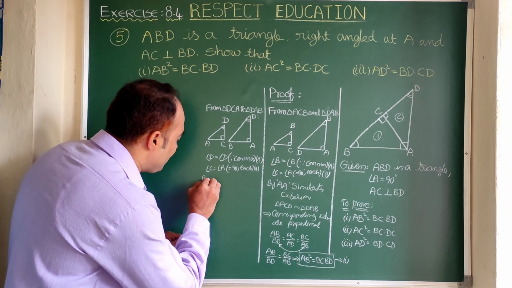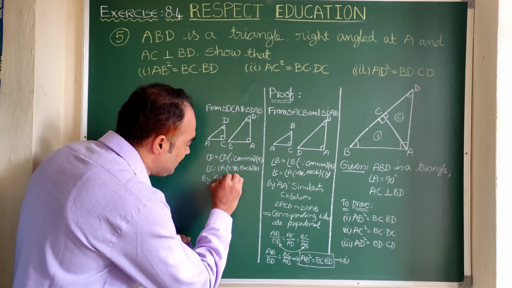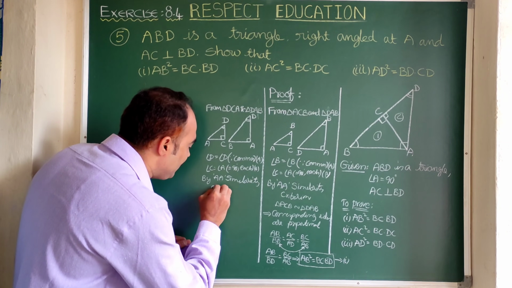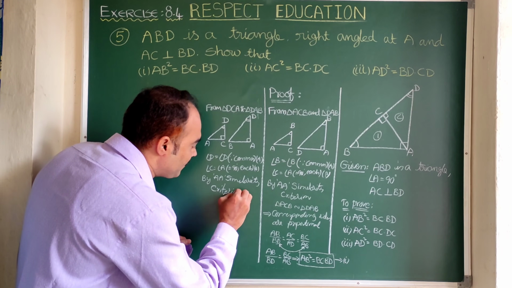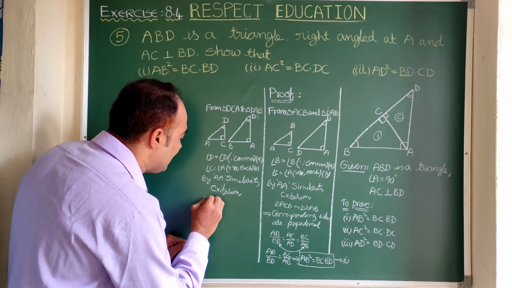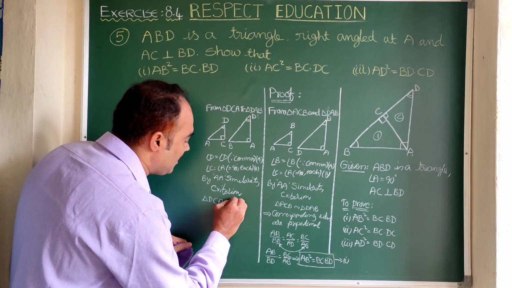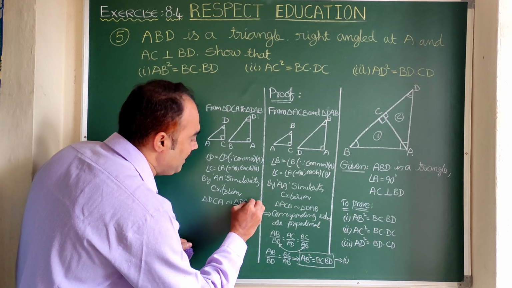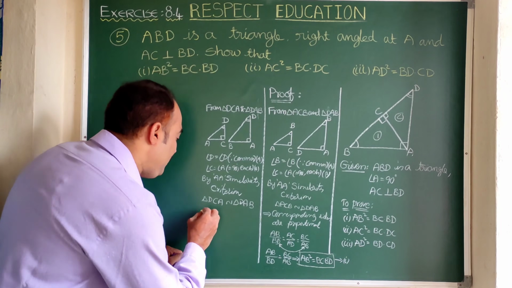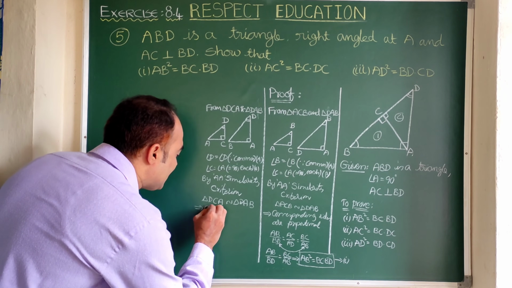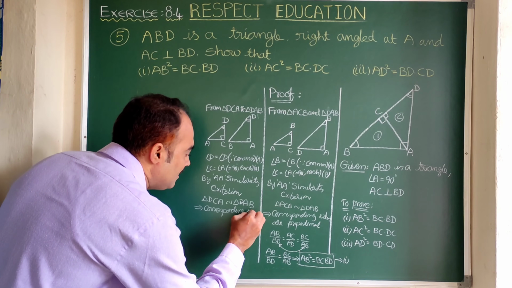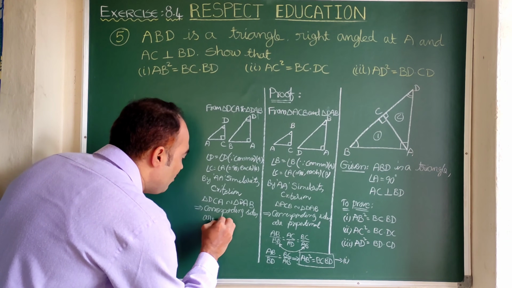So by the angle similarity criterion, we can say that triangle DCA is similar to triangle DAB. That means the second son is similar to the father. Now when two triangles are similar, we know that their corresponding sides are proportional.